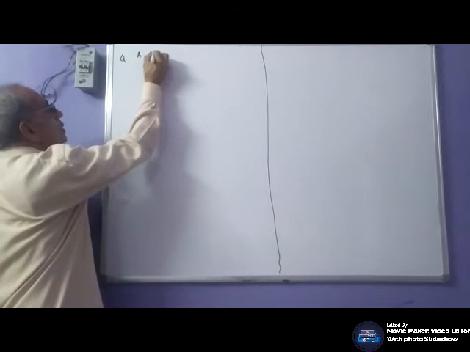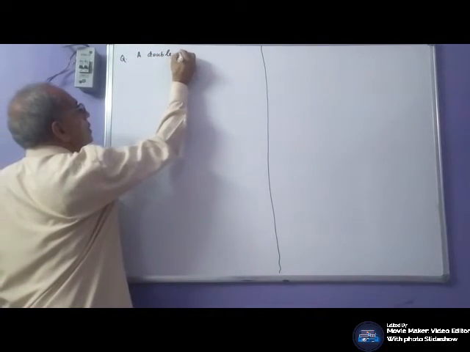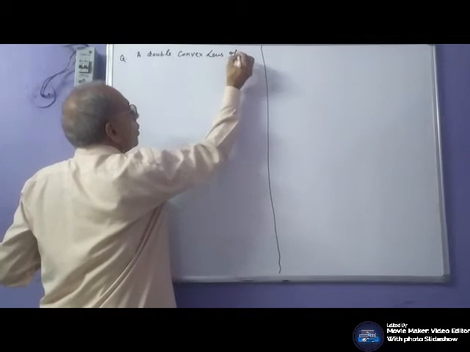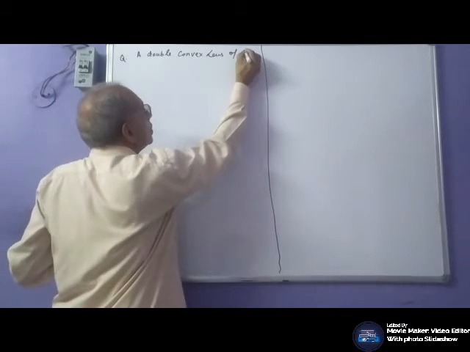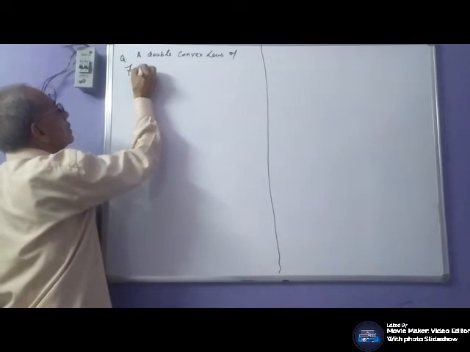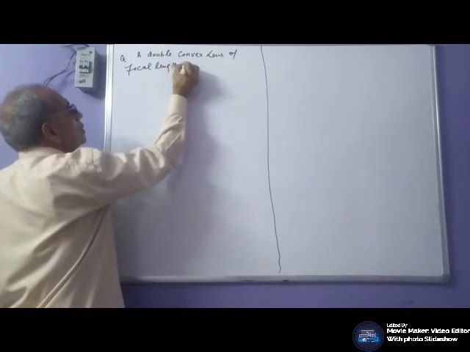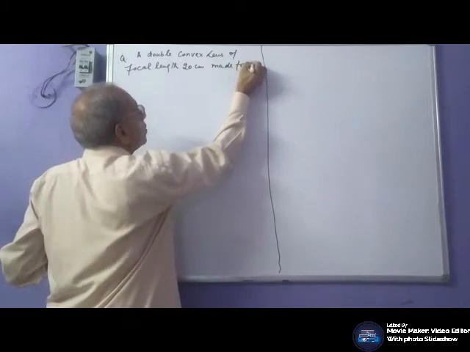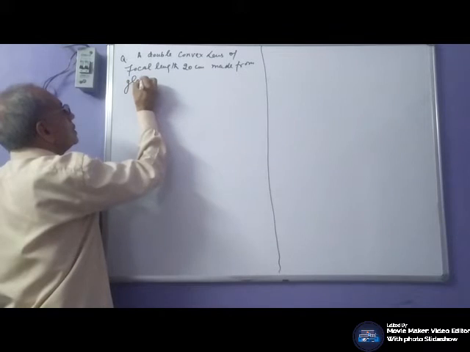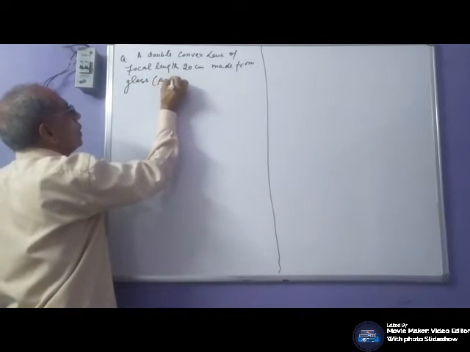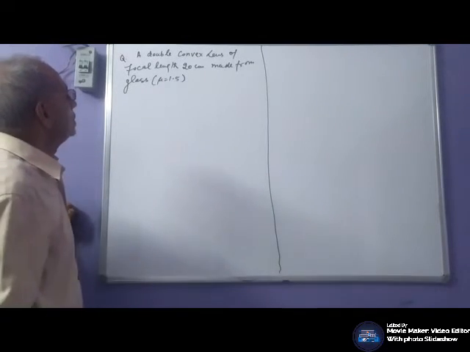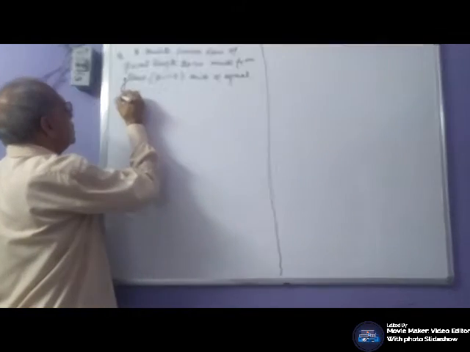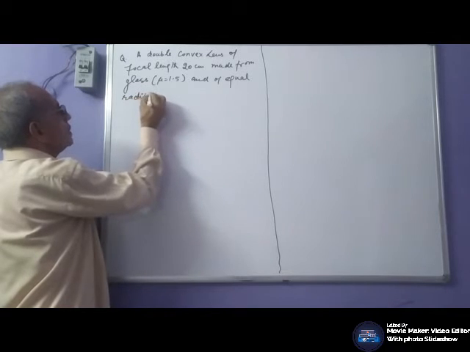Question: a double convex lens of focal length 20 centimeter, made from glass of mu 1.5 and of equal radii of curvature.